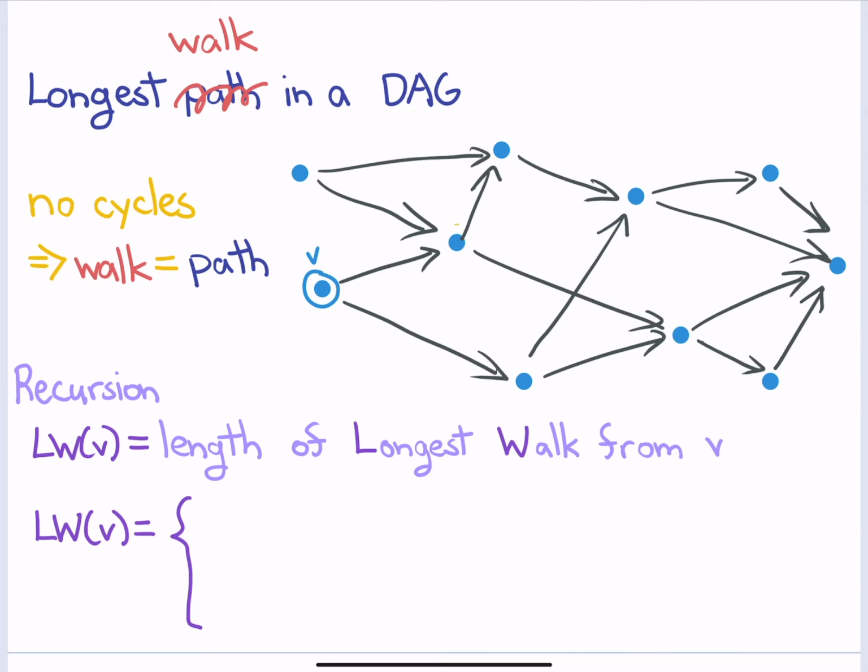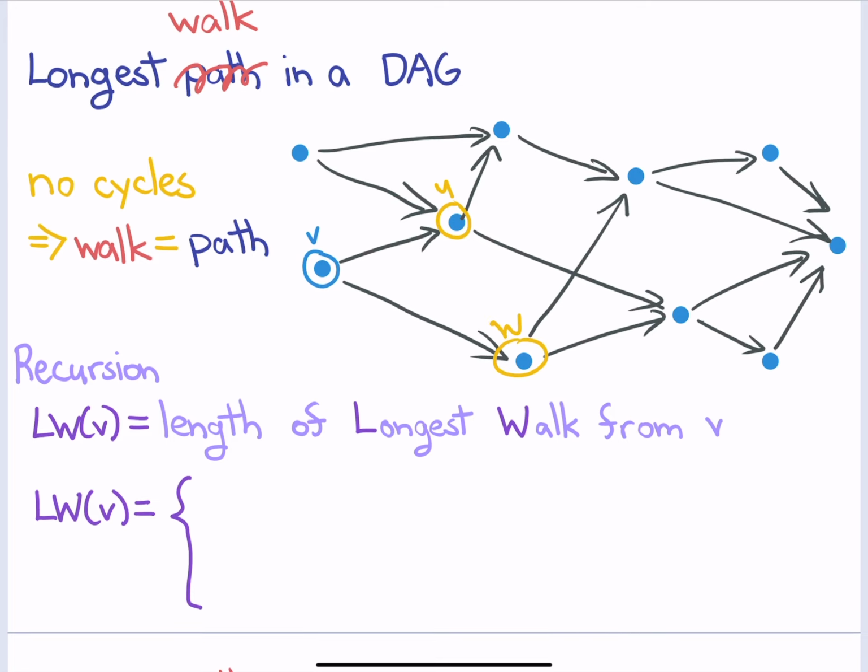So we can try out this vertex U and compare it to this other vertex, whatever it is, W, or something like that. And recursively, I'll assume that I figure out the answer to those.